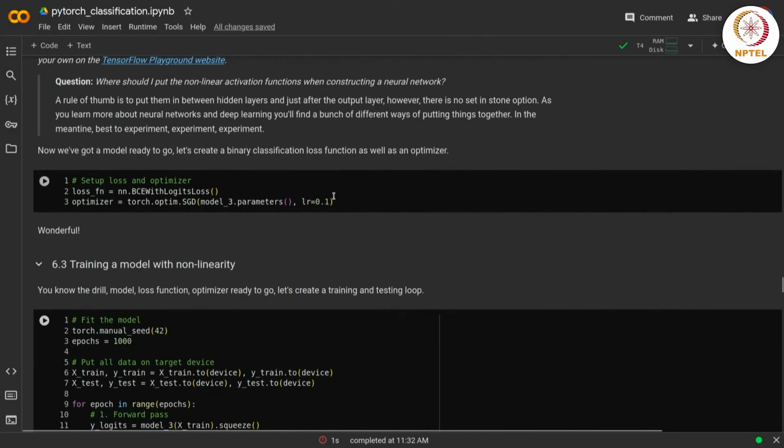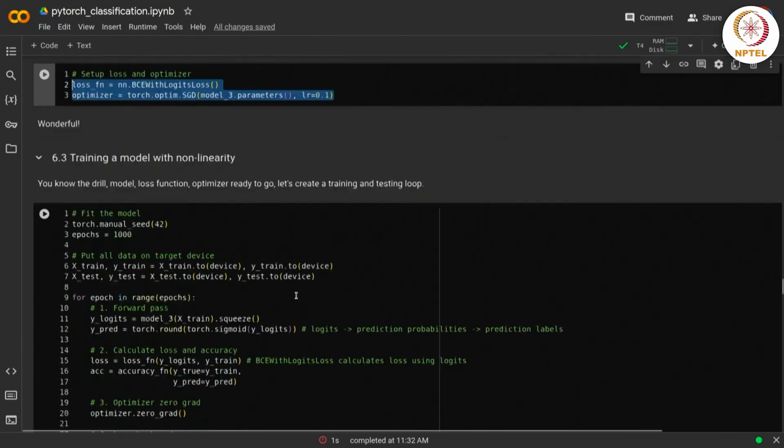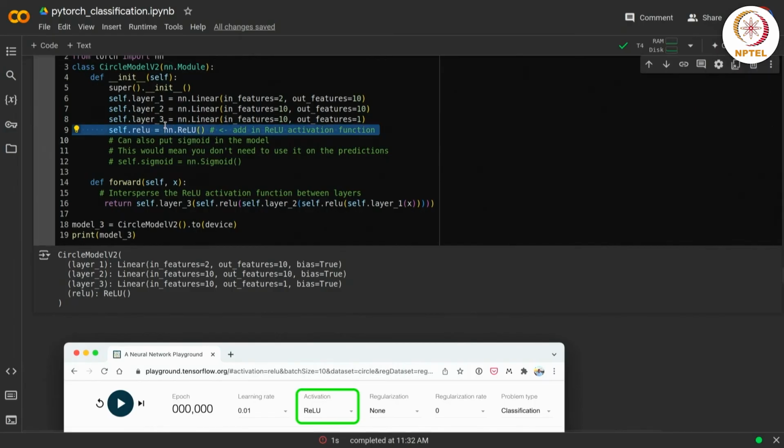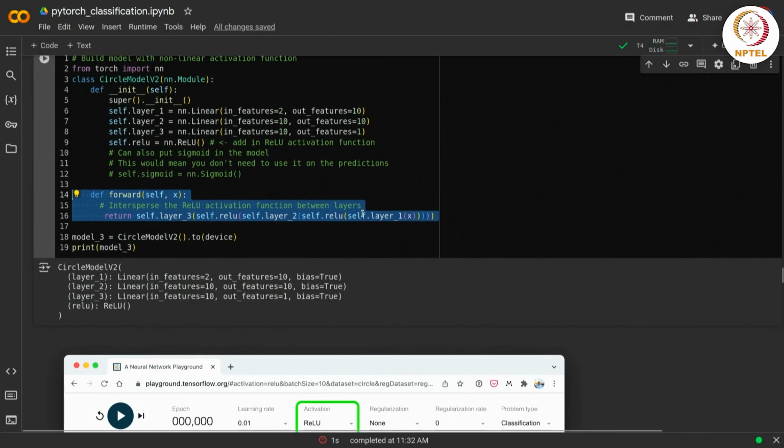But following on, we use the same loss function and the same optimizers. The only difference between V1 and V2 now is that we are adding a nonlinearity. Also look at the forward function of this improved network. Initially, in the V1 or V0 model, you're taking a linear layer's output and passing it on to the next linear layer.